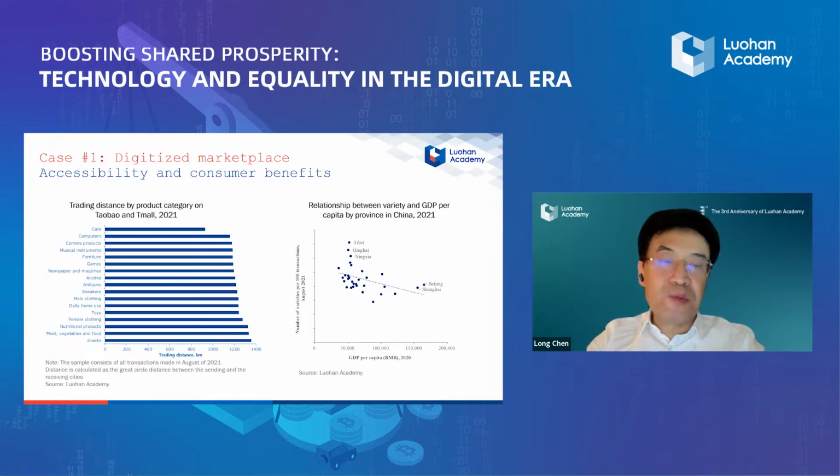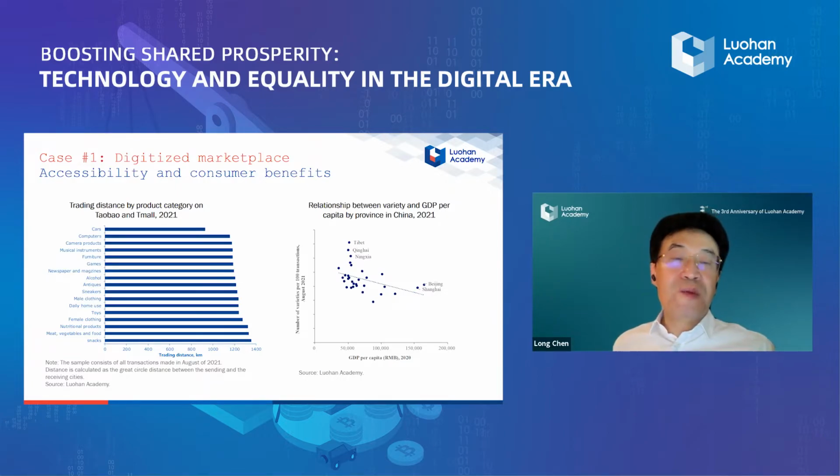It can reach so many people who could never have had the chance to get access, both consumers and small businesses. Traditionally, a small business can only serve people maybe within 10 kilometers, but now the average distance between the buyers and sellers on Taobao and Tmall is around 1,200 kilometers.